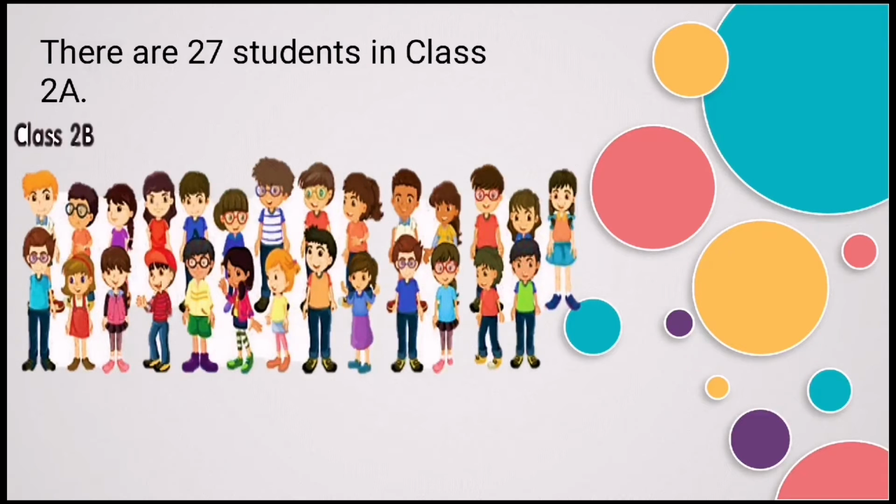Is 27 an odd or an even number? Very good. So 27 is an odd number because there is one student that is not paired. She doesn't have a pair.